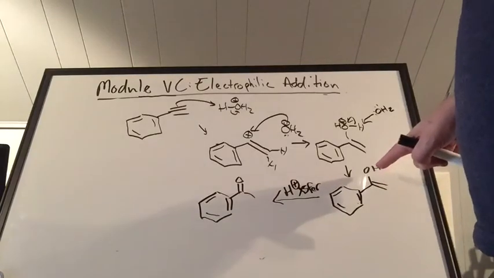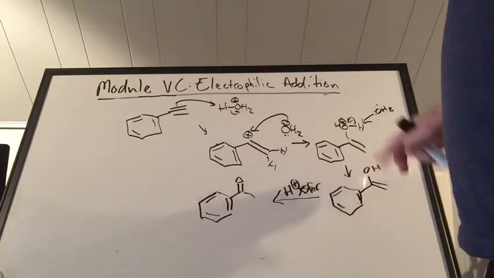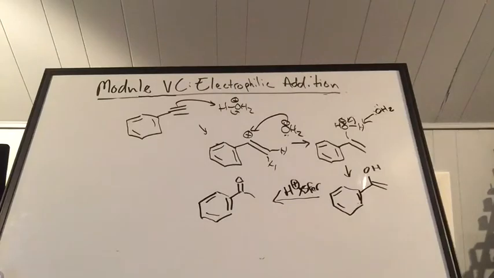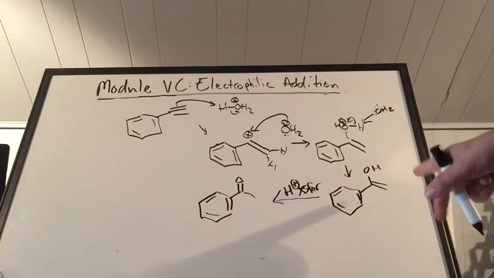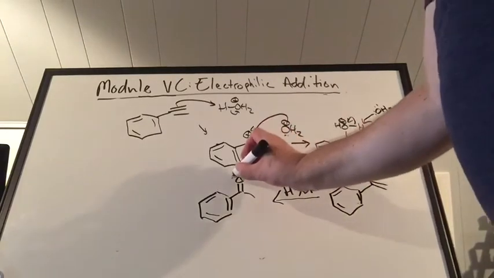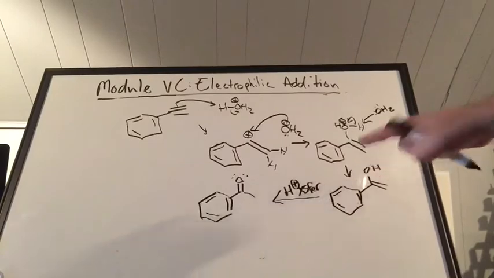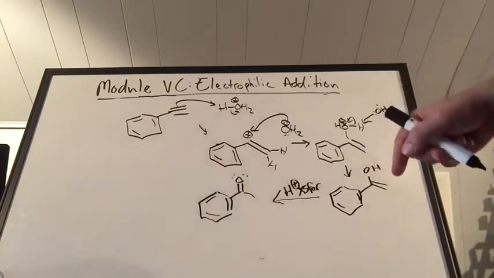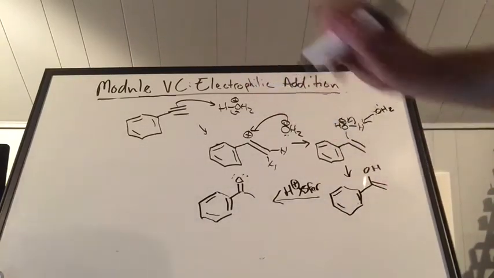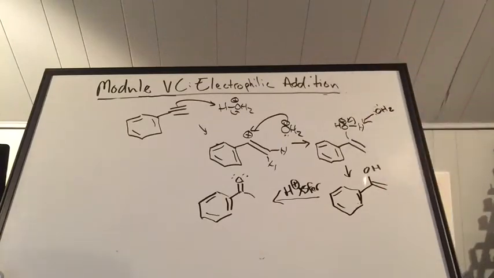So, in other words, two oxygens pulling electron density from the carbon is going to be highly unstable, no matter what the species. Okay, so just a word of caution there. Don't get tempted to think that you're going to hydrate the alkyne twice to make a diol or something like that. It's just not going to work.